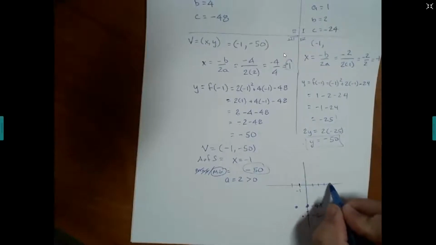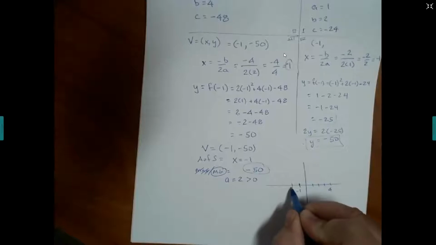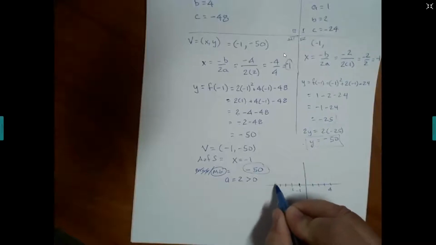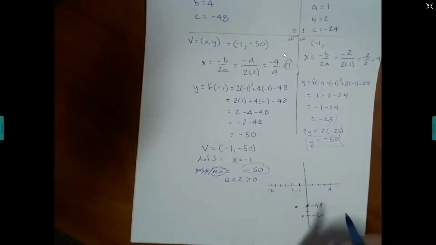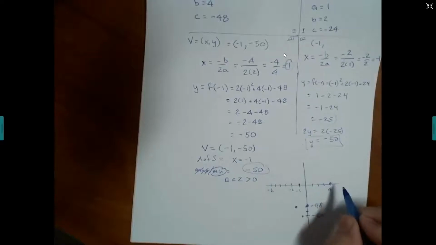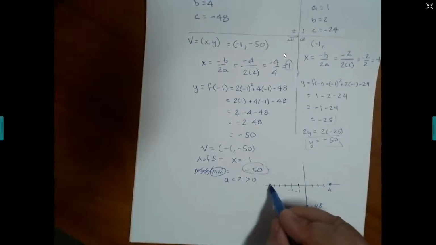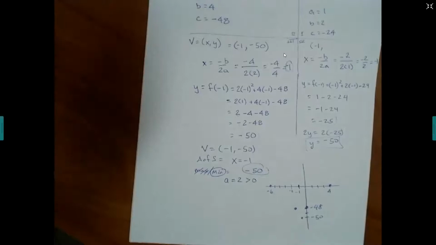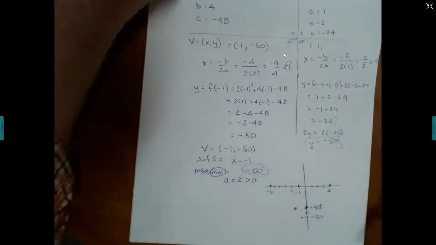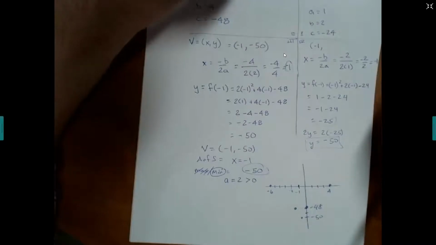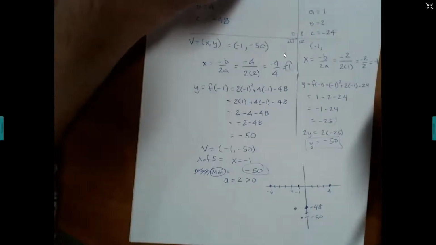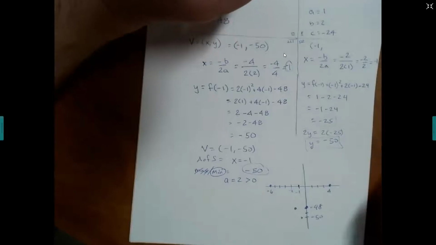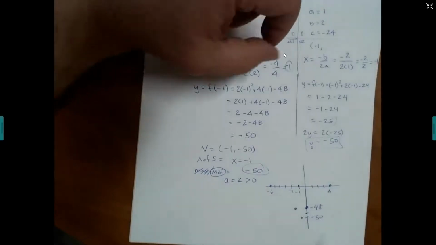Counting one, two, three, four, five, six. Our intercepts are going to be at +4 and -6. I'll show you in a second.